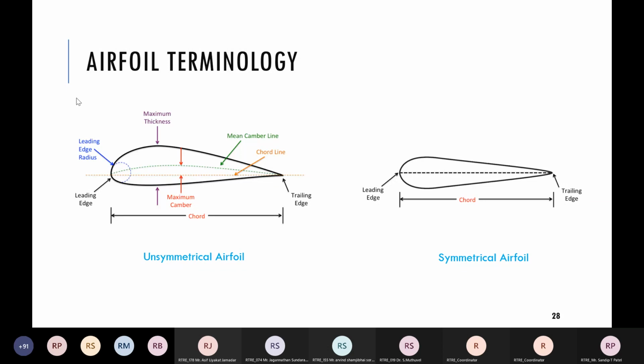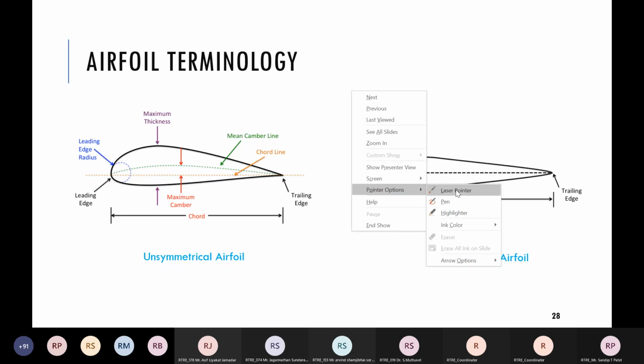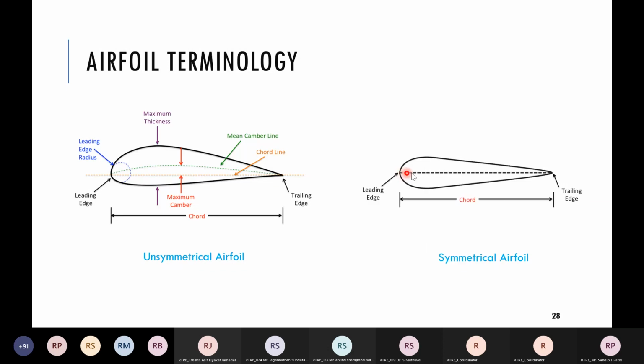Symmetrical airfoils have symmetrical shape about the chord, while in an unsymmetrical airfoil, the upper and lower profiles are different.